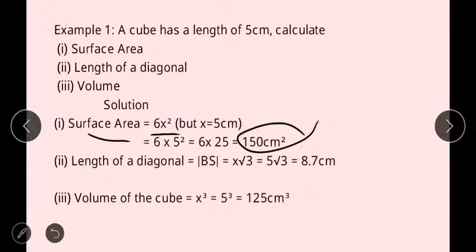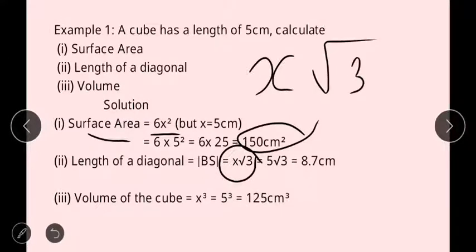Let's try to calculate the length of the diagonal. The length of a diagonal of a cube is given as x root 3. What did I say? X root 3. That is the formula to calculate the diagonal of a cube. But according to the question, our x has already been given as 5. What do you have to do?